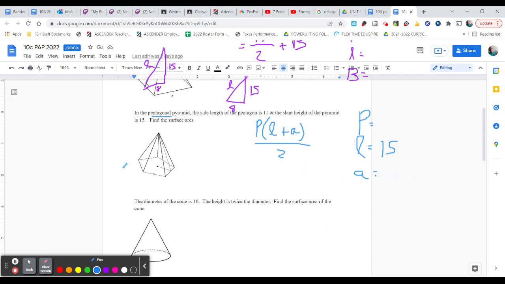Okay. So if you remember, we have the apothem formula. For any shape, it's side, which we have, divided by 2 tan theta. Side length divided by 2 tan theta.